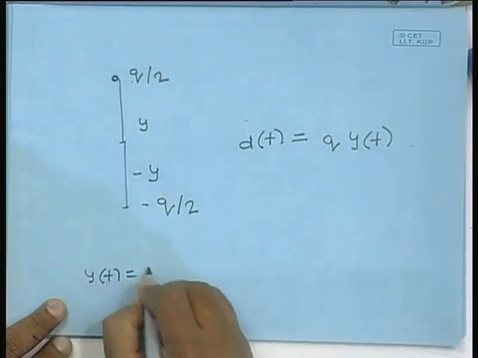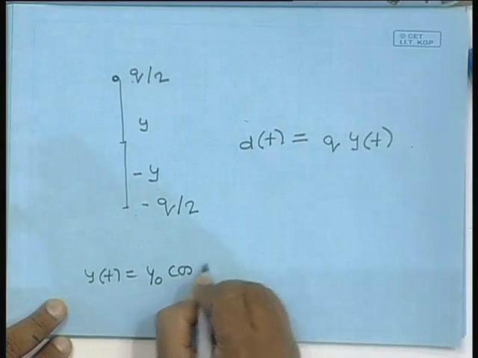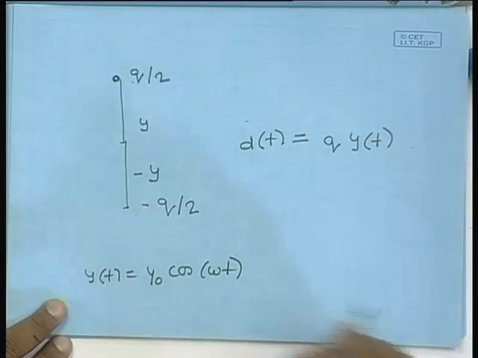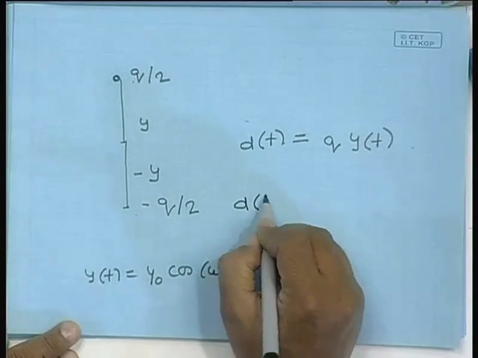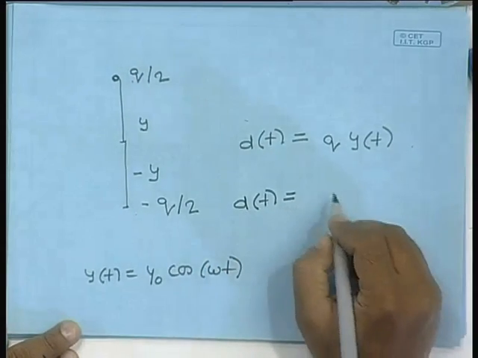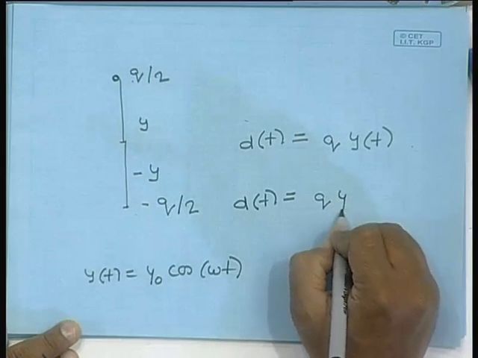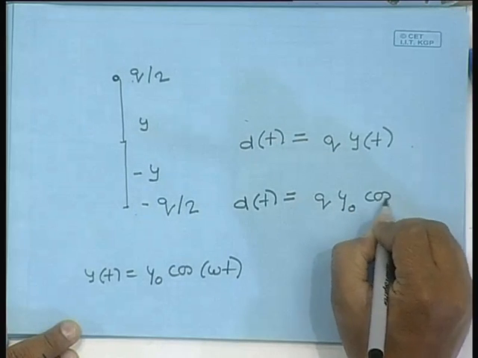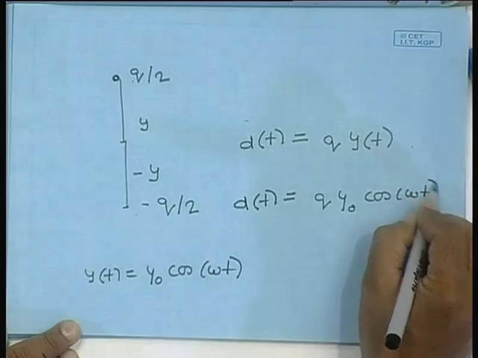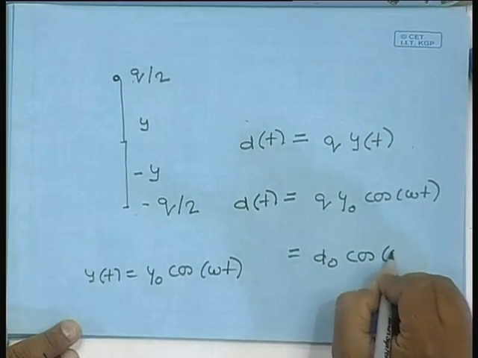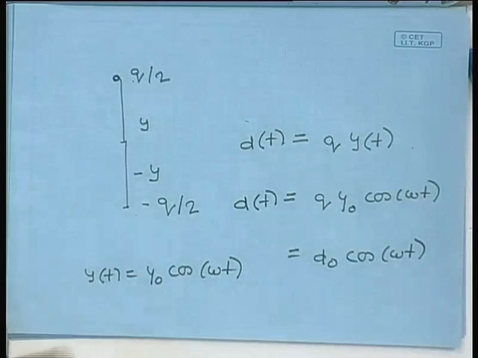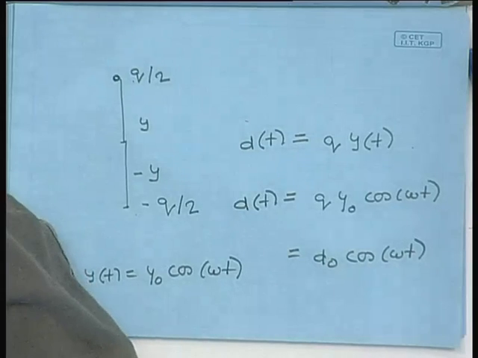So, the single charge is moving as y(t) equal to y0 cos omega t, and we can think of this as also being equivalent to a dipole d(t), which is q y naught cos omega t, which I can write as d0 cos omega t. Which is what is given.